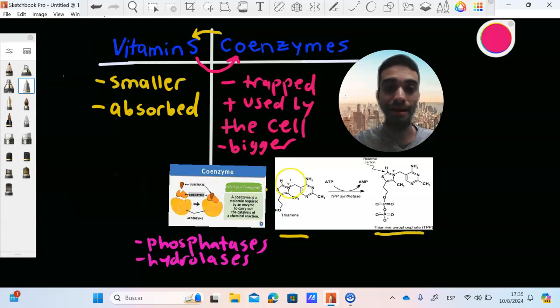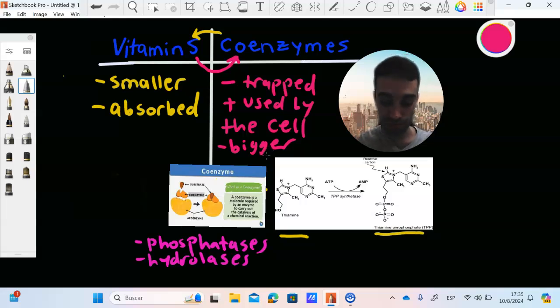For example, as I mentioned, the coenzyme that comes from B1 can help transketolase enzymes do their function. So coenzymes in the cell are like cofactors for enzymes to carry out the catalysis to perform chemical reactions in the body.